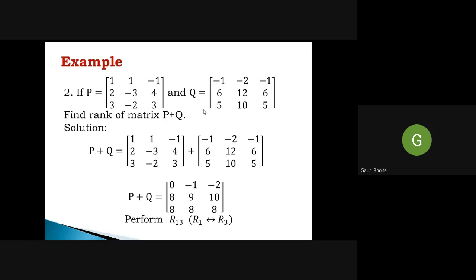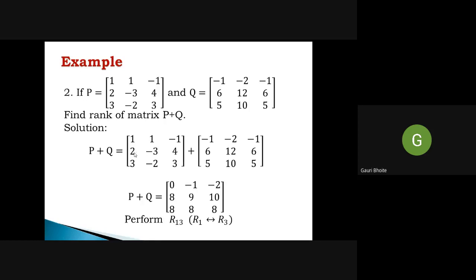Okay, so start solving. Find the P plus Q matrix first. First row: 1 plus minus 1 is 0, 1 minus 2 is minus 1, minus 1 minus 2 is minus 3... so the first row is 0, minus 1, minus 2.